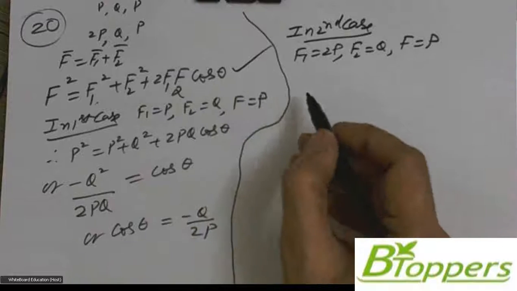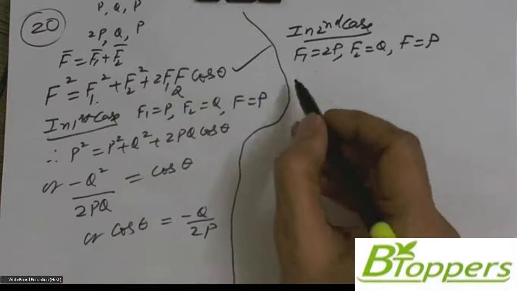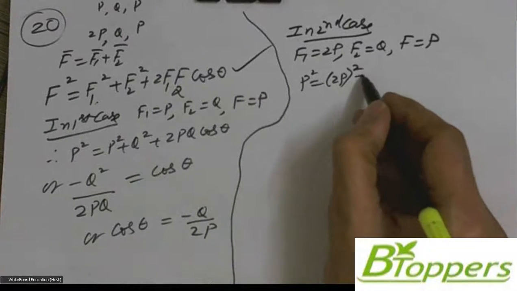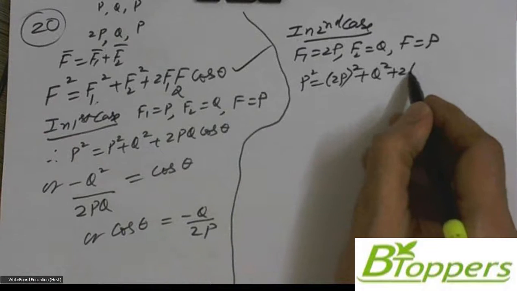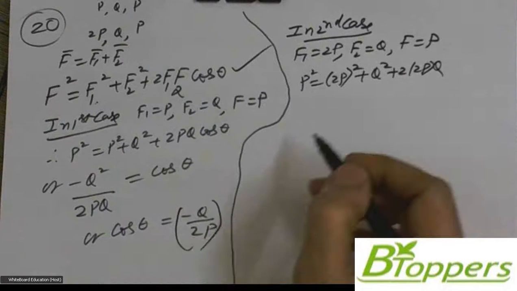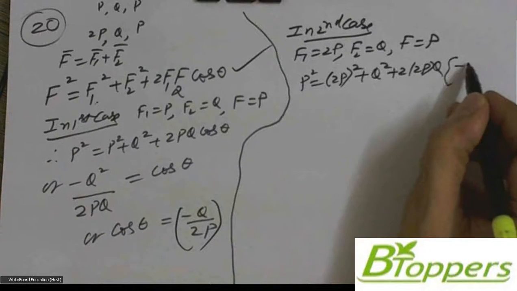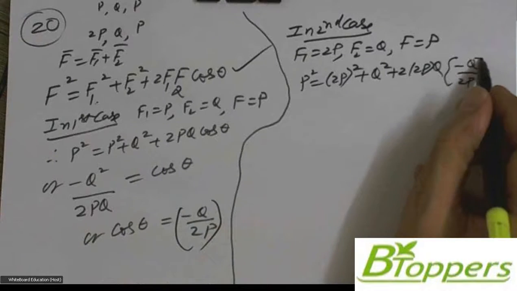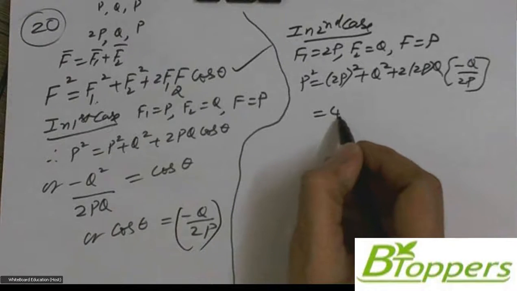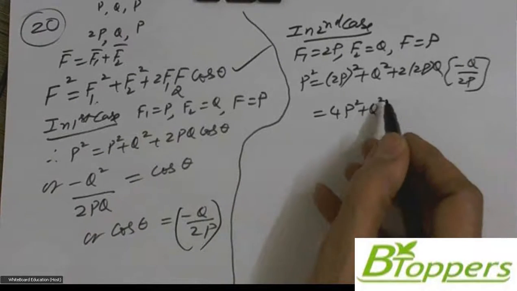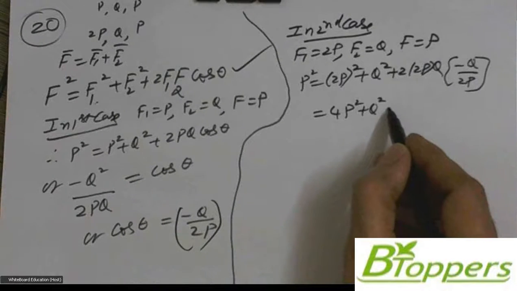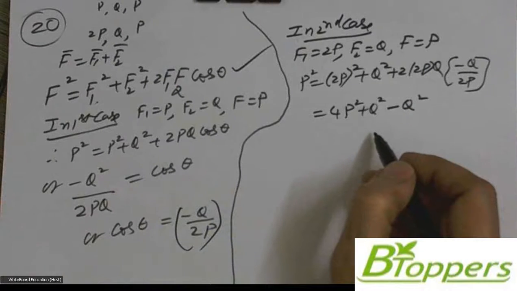Only magnitude of first force is doubled. And we can substitute this value of cos theta here, minus Q by 2P. That has to be simplified. We get 4P square plus Q square, here 2P gets cancelled, minus Q square.